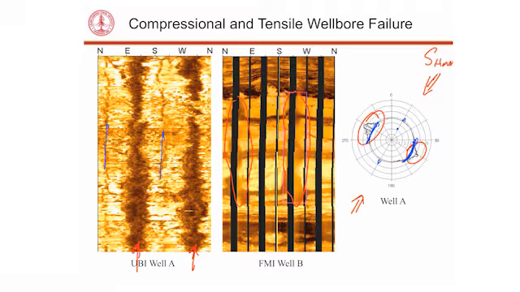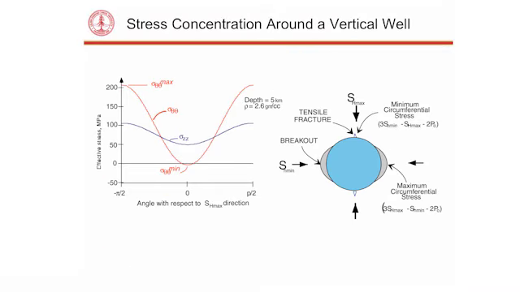And again, it's telling us that the hoop stress actually got down into a tensile failure mode, and that the compressive stress got into a mode where we're actually exceeding the strength of the rock. Just by looking at the well, we're learning a lot about the relationship between stress in the earth and the rock properties.